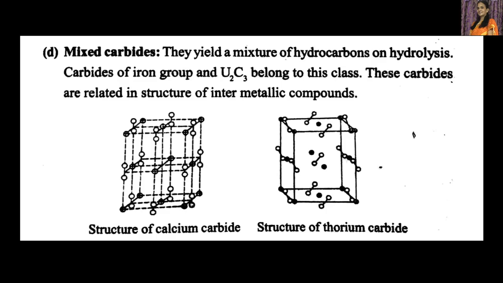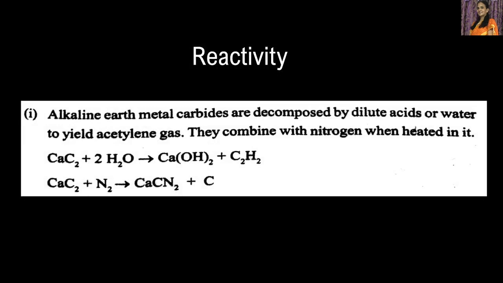Next, let's see the reactivity of these carbides. Alkaline earth metal carbides are decomposed by dilute acids or water to yield acetylene gas. We have just now studied calcium carbide, this is acetylide, which hydrolyzes to form acetylene.